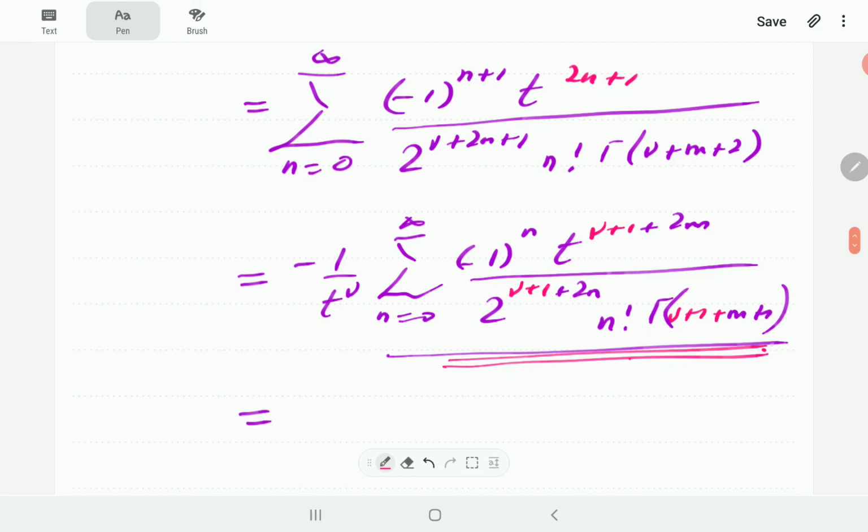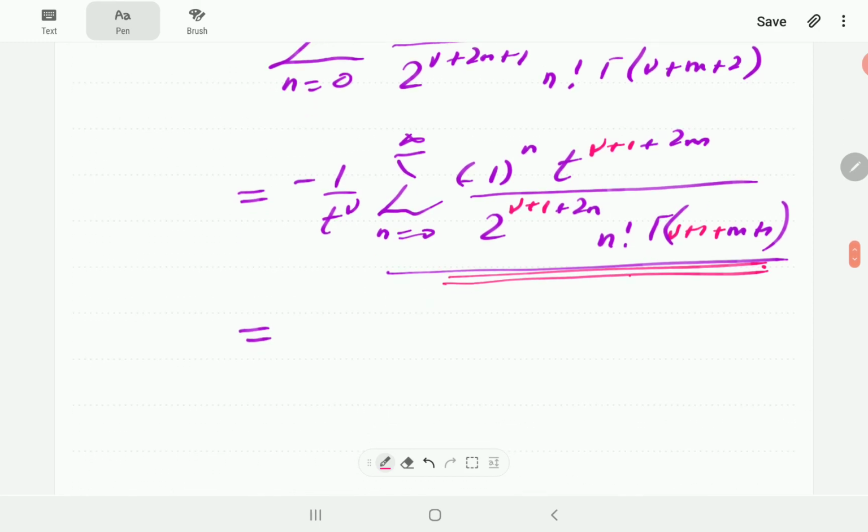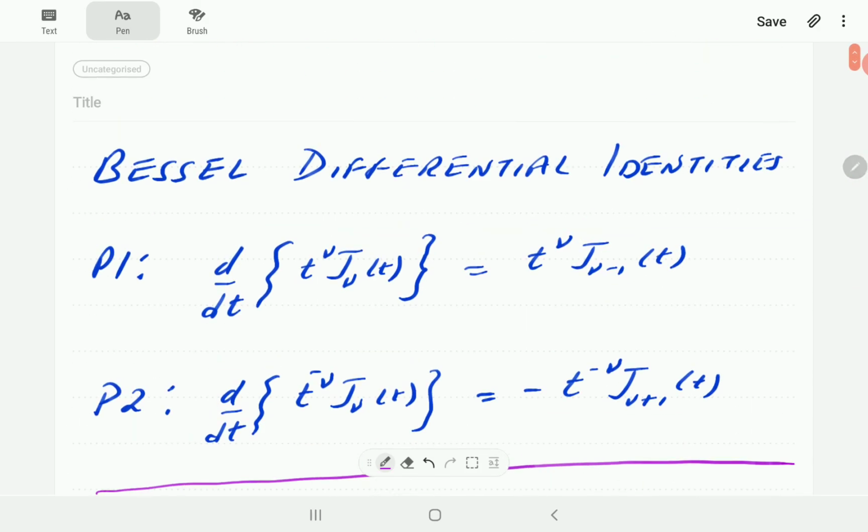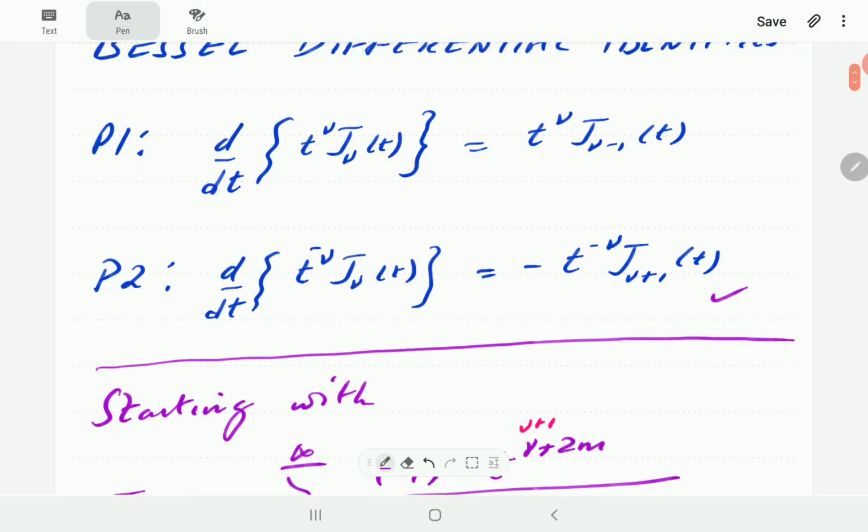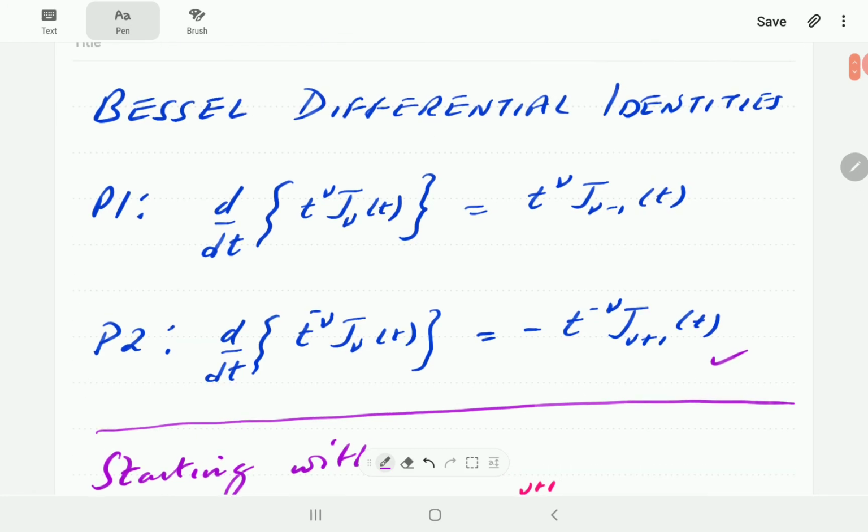So this is telling us that this is j of nu plus 1. So finally we have negative j of nu plus 1 divided by t to the power nu, which completes the derivation for this second differential identity of Bessel functions.